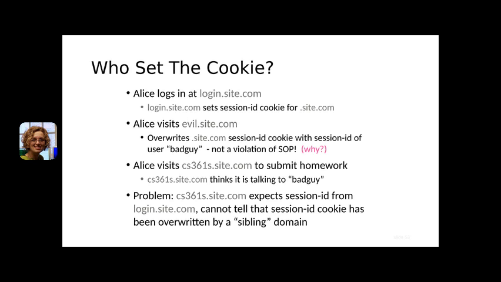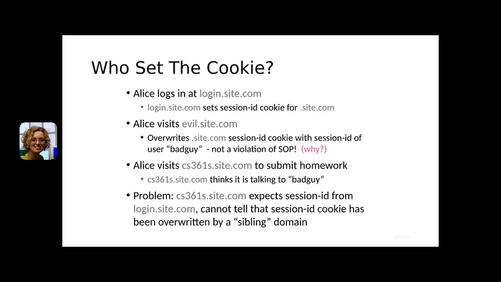Who sets the cookie? Okay, so Alice logs in to login.site.com. This sets the session ID cookie for .site.com. But now Alice visits evil.site.com, which overrides the .site.com session ID cookie.